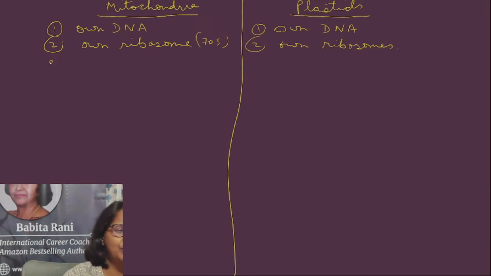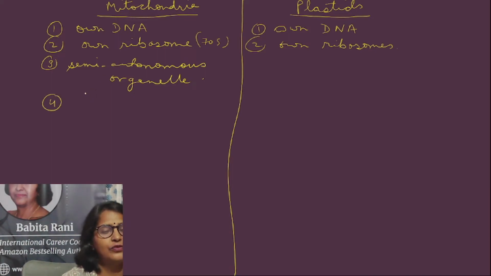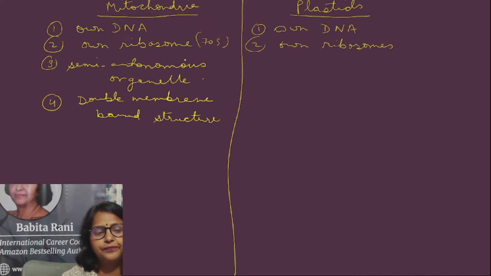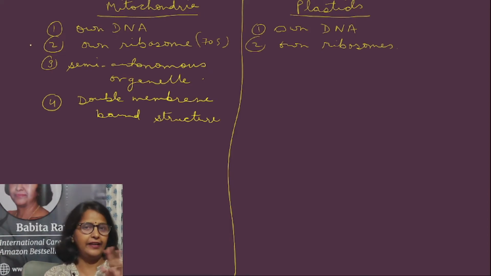Because of these two structures present in mitochondria and plastid, they are called semi-autonomous organelle. Besides this, they also have two membranes, double membrane bound structure. So these are some of the similarities. When we compare, we write both the similarities and the differences.